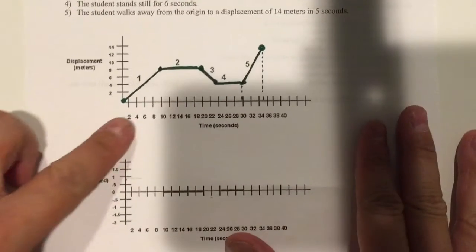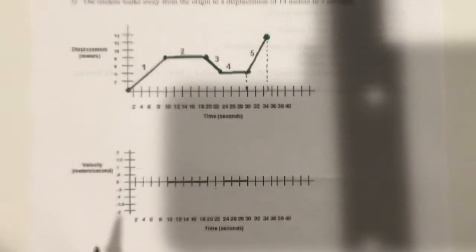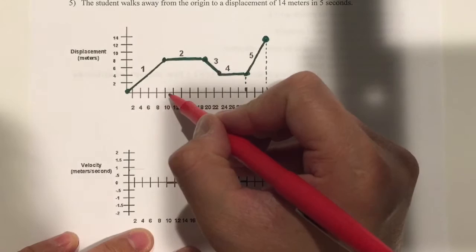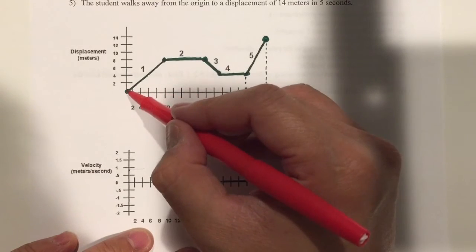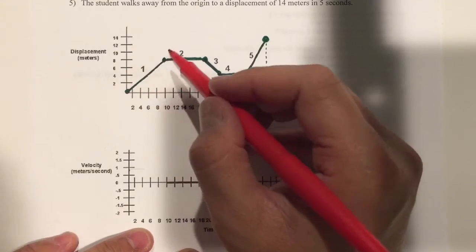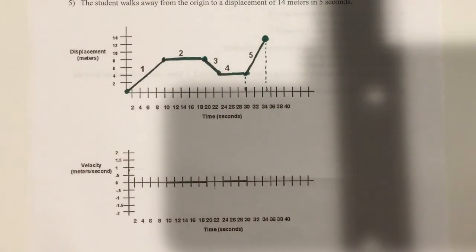We can use this graph to sketch its derivative, which is the velocity. If we calculate the slope over the first 10 seconds, the slope of this segment is a rise of 8 over 10, which is about 0.8.